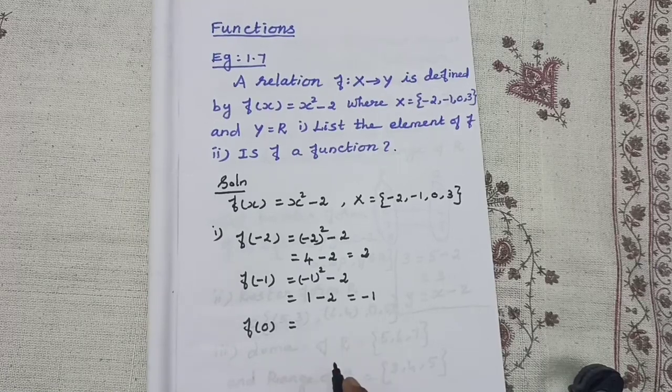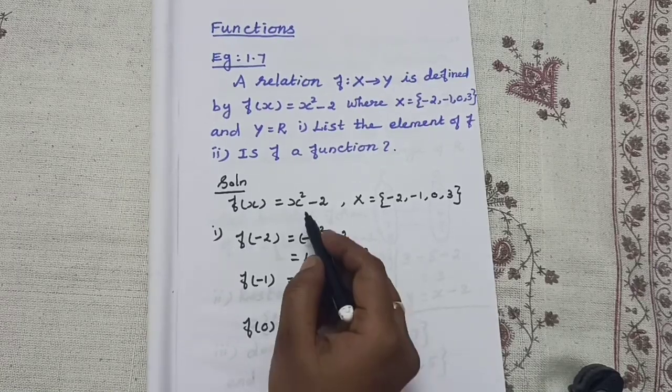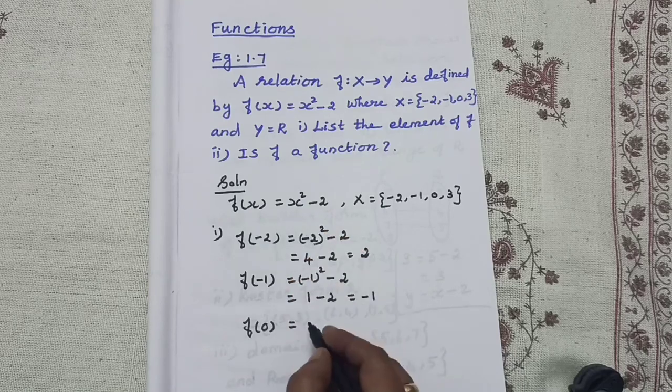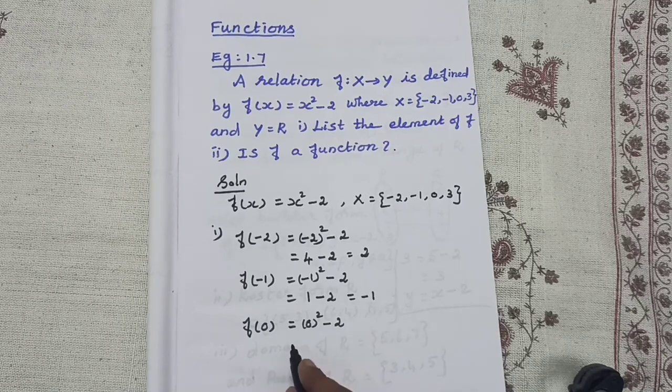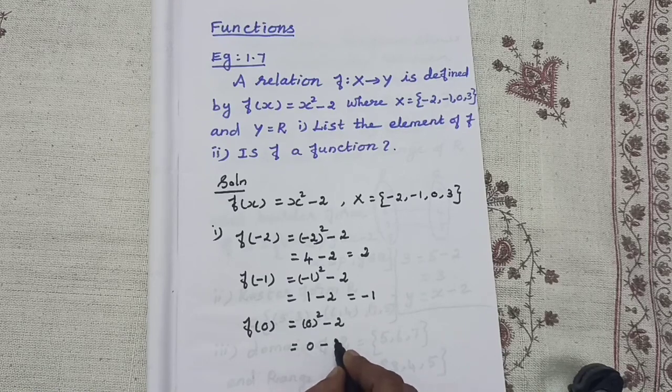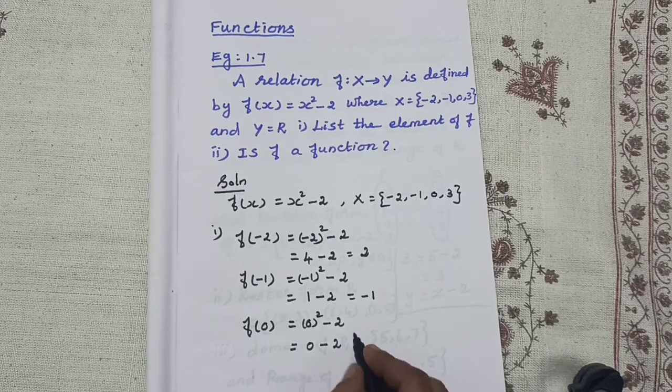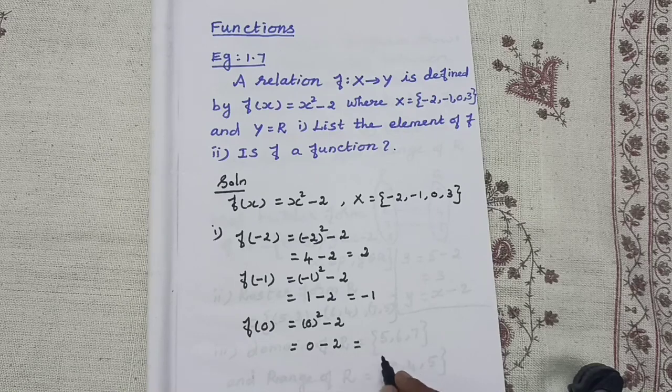Then the third element, f of 0, is equal to 0 the whole square minus 2. 0 the whole square is 0, minus 2. 0 minus any number, we get that same number only, and 0 minus 2 is minus 2.